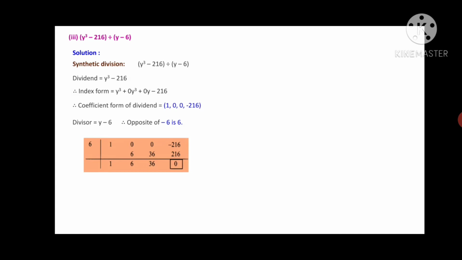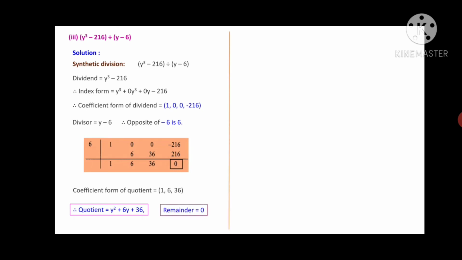So minus 216 and plus 216 get cancelled. The answer is 0. Here the coefficient form of the quotient is 1, 6 and 36. Therefore, the quotient will become y square plus 6y plus 36, and the remainder is 0.